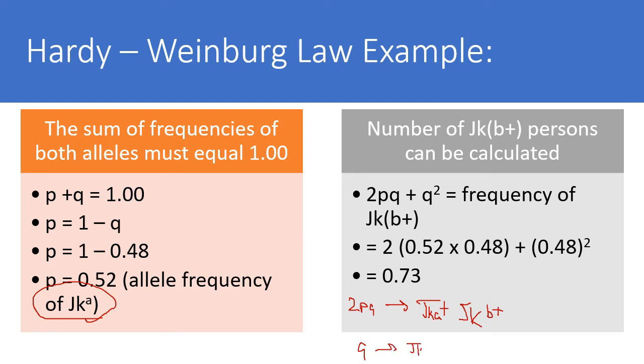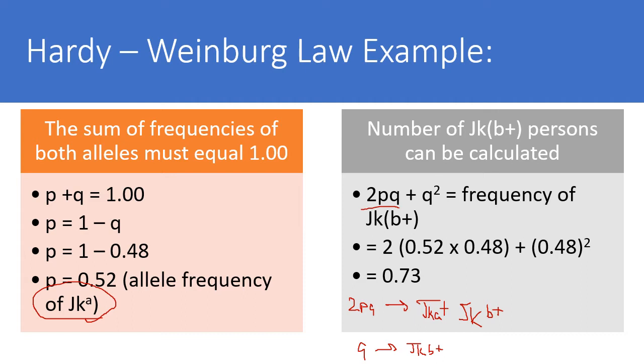So in order to come up with the total number of JKB positive, you have to include both sets. You can't just say, oh, Q squared is JKB. No, you can't forget about this portion. And that's why I see students mess up with these calculations. They forget about this 2PQ section because they see it has JKA in it. But remember, it has JKA and JKB.